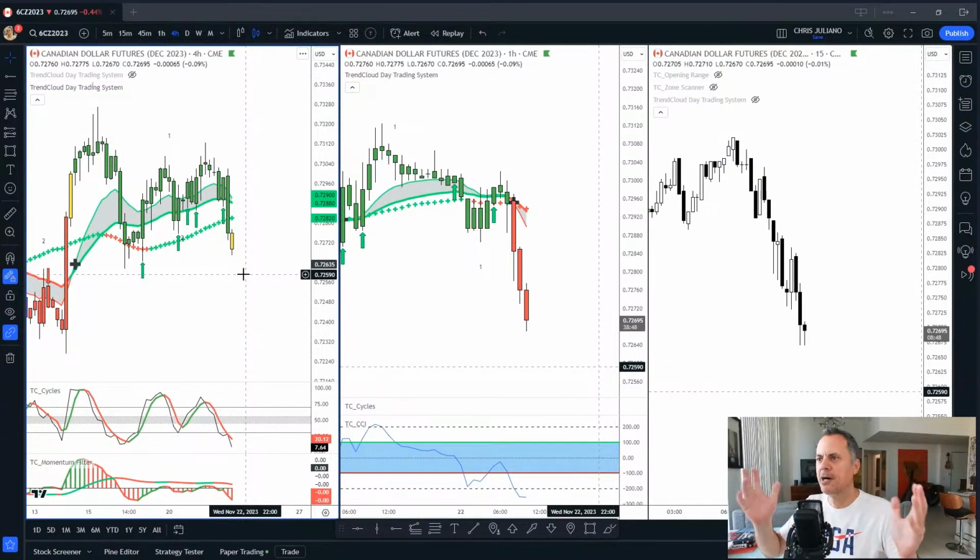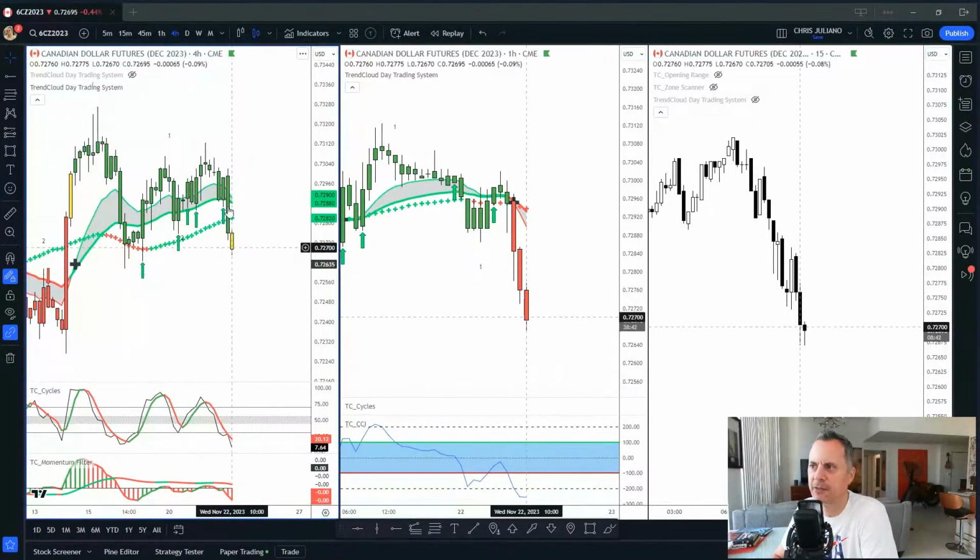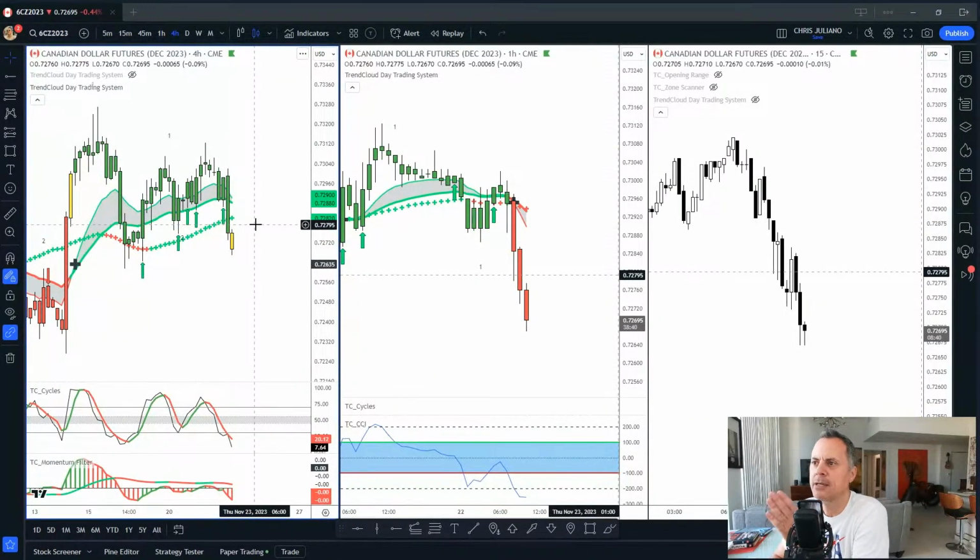So you can apply your TrendCloud process to basically anything you want. If you can read price action objectively, then you've got something very powerful. If you can get your skills to a point where you can read price action accurately, you can apply it to any strategy.